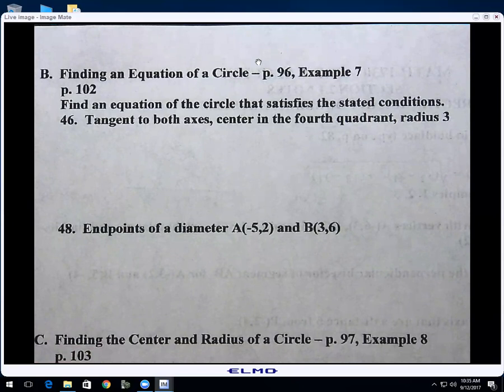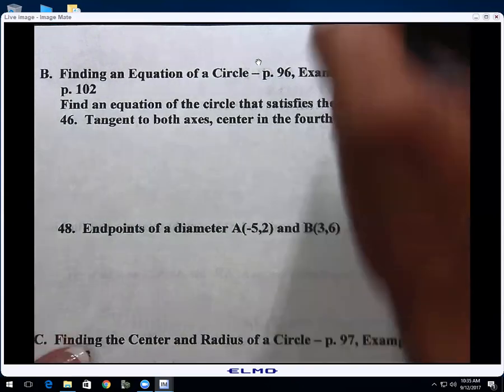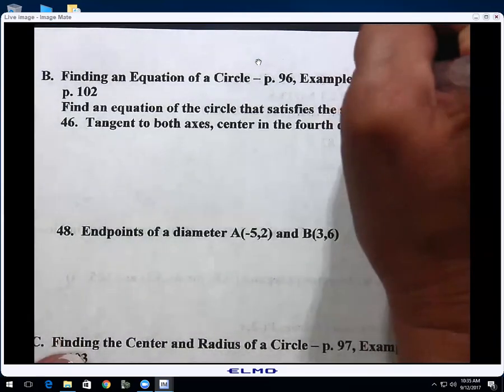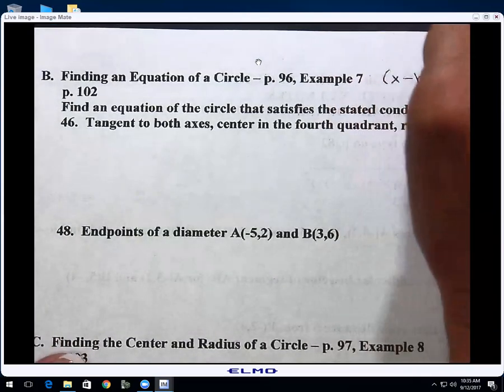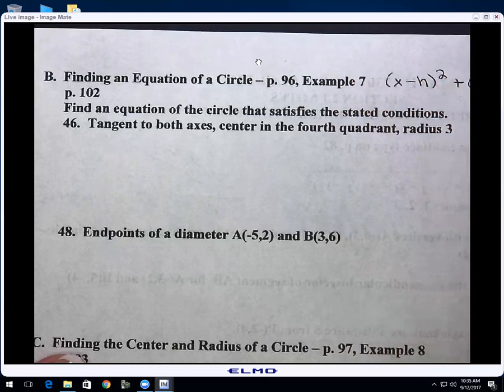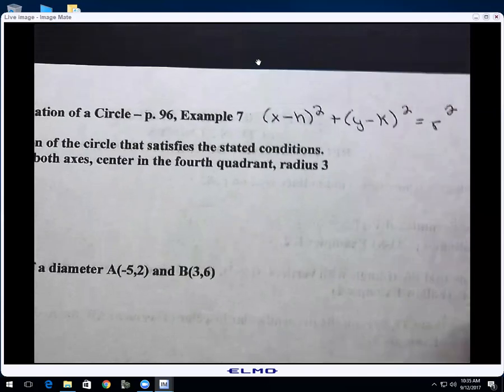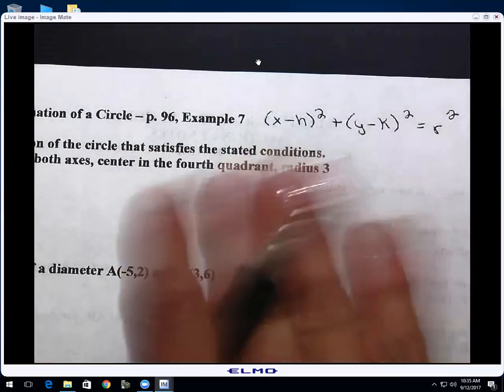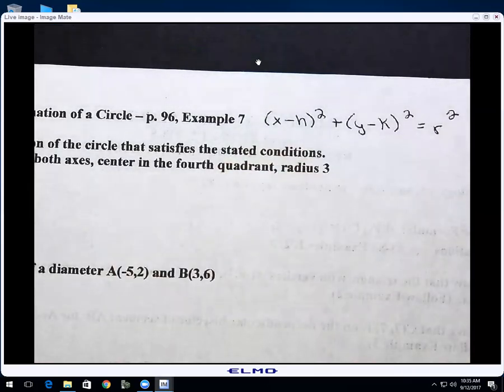We didn't do any, I'm going to tell you something about the circle, you find the equation of the circle. But that's what we're ready for here. We just have to know the standard form is this. And I'm hoping that whatever information you give me, I can figure out how to fit it into that form.